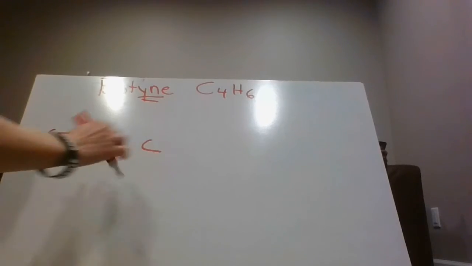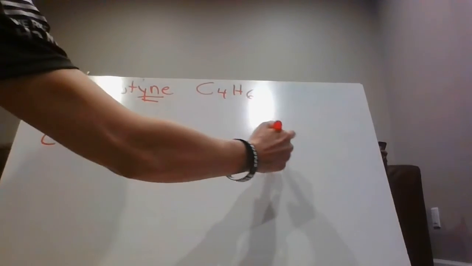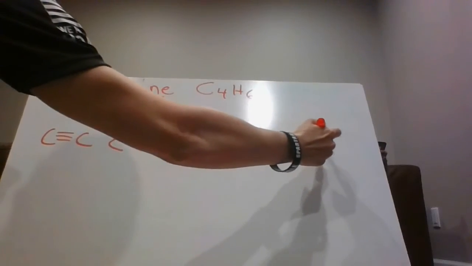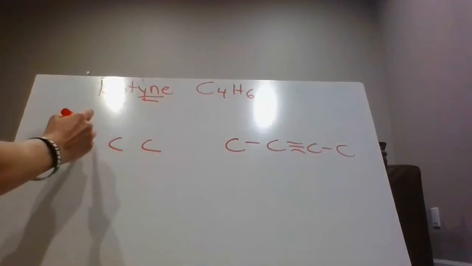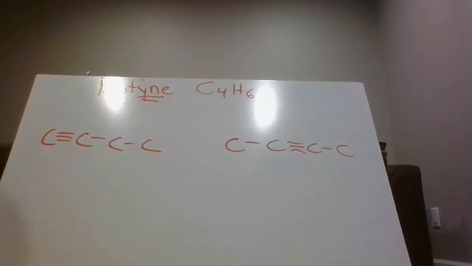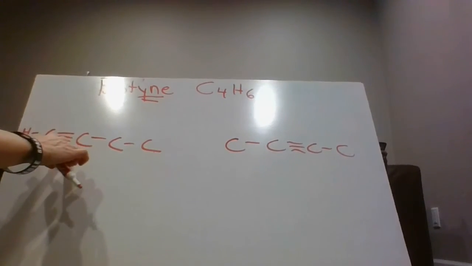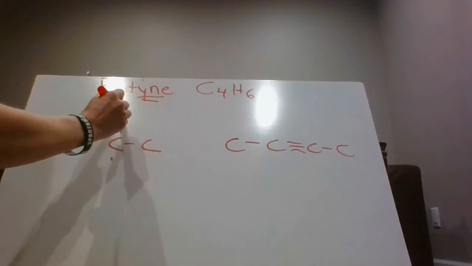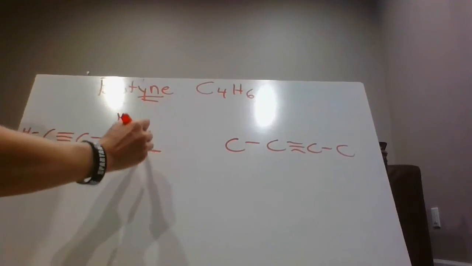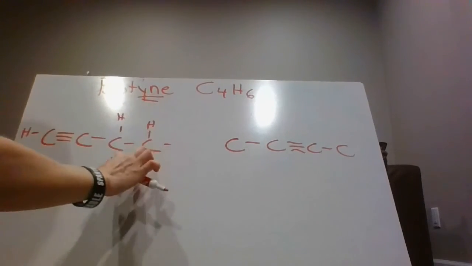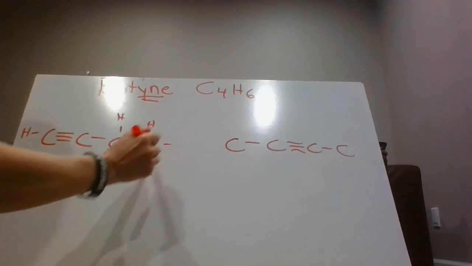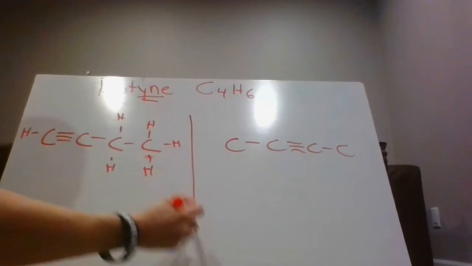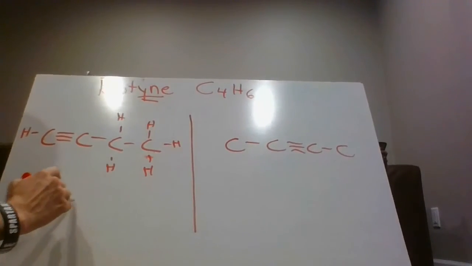You could have put it between the first 2 carbons or between the second 2 carbons. And then continue to put your hydrogens where they belong. This one gets 1 hydrogen, this doesn't get any, this one would get 2, this one would get 3. And this would represent 1-butyne.